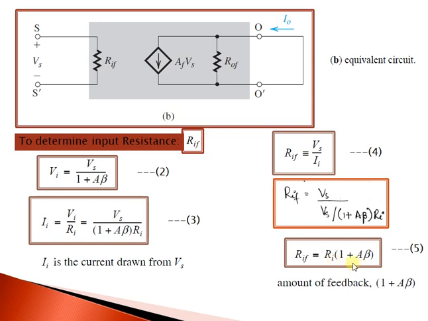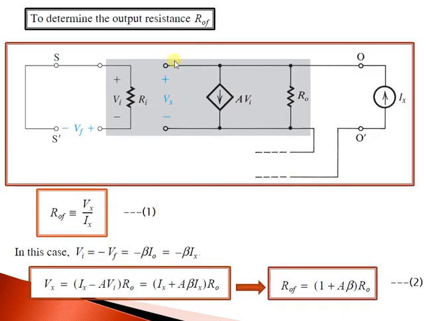In order to compute the output resistance ROF, we short circuit the input side by considering the source voltage Vs equal to 0, and we break the output loop, say at OOA, and apply an output current represented as Ix.